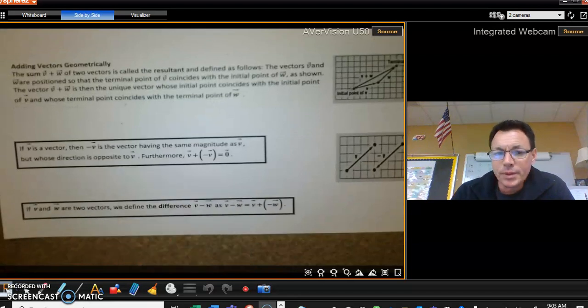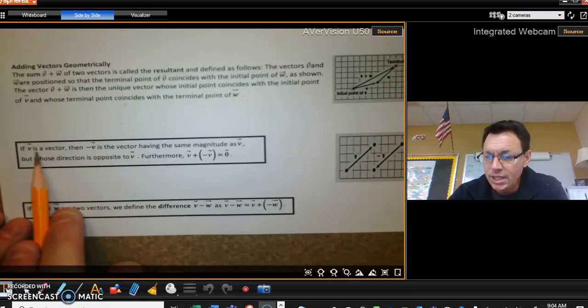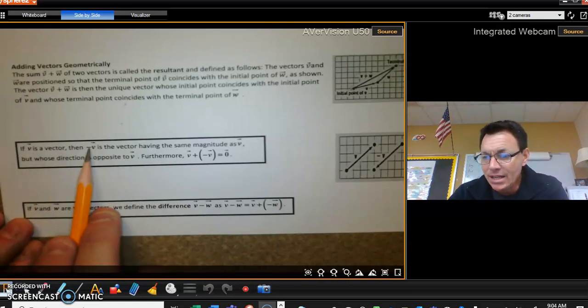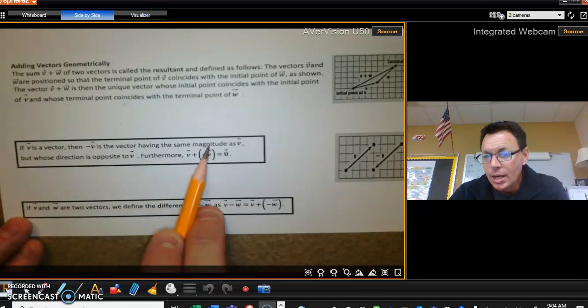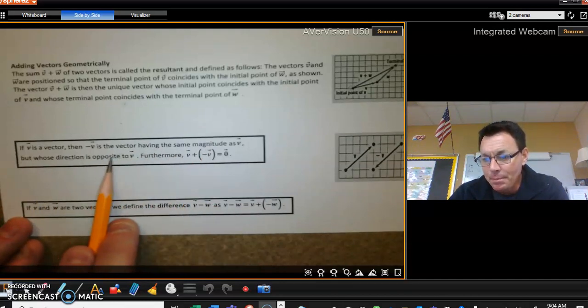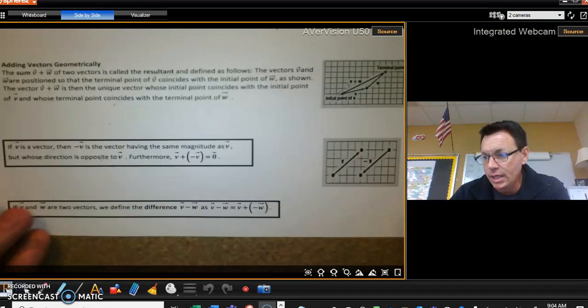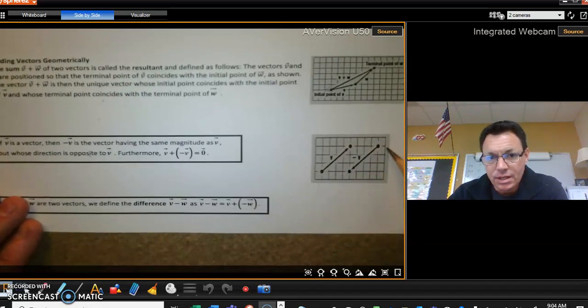Now, before we can talk about subtracting vectors, we have to talk about what the opposite of a vector is. If v is a vector, negative v is the vector having the same magnitude but traveling in the opposite direction. So this is vector v, this is vector negative v.